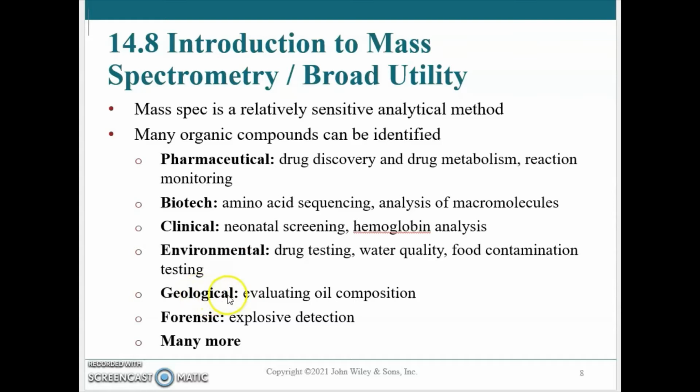I'm not very familiar with the use in evaluating oil composition, but I would imagine that elements like sulfur and things other than carbon would be useful in fingerprinting different types of petroleum. Widely used in forensics.